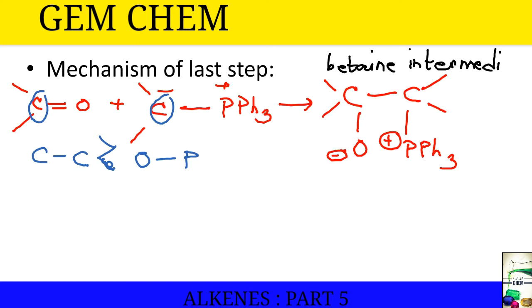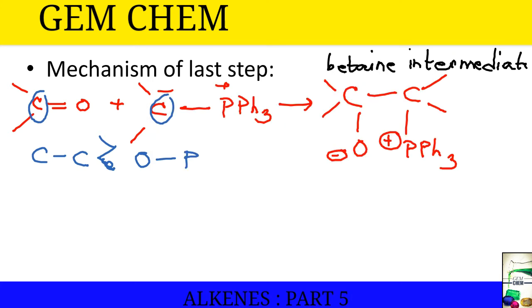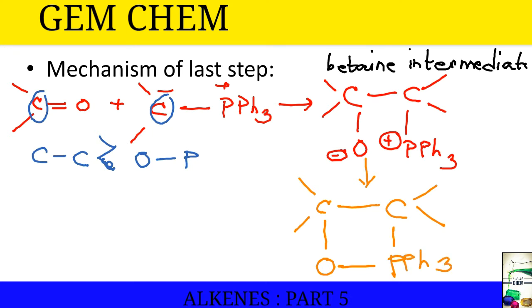Now we can see that there is a negative charge and a positive charge, so they will try to neutralize each other. So what will be formed? There will be an oxygen-phosphorus bond formation, so the result is this one. Now what happens? There will be a transfer of bonds. The carbon-oxygen bond breaks and the carbon-phosphorus bond also breaks.